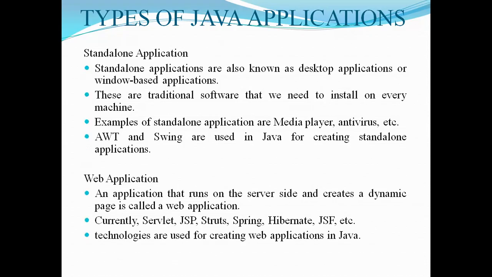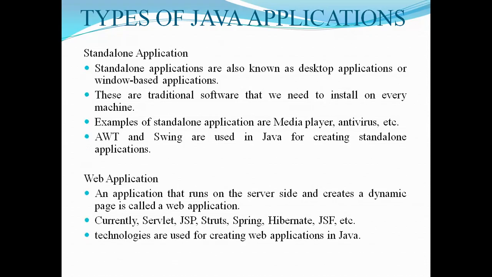The user gives input to the system, the system performs some operations with the data, and it gives back the output to the user. This is an example of a standalone or desktop application. Examples of standalone applications are media player, antivirus, etc. And what are the technologies used for standalone applications? AWT and Swing are used in Java for creating standalone applications.